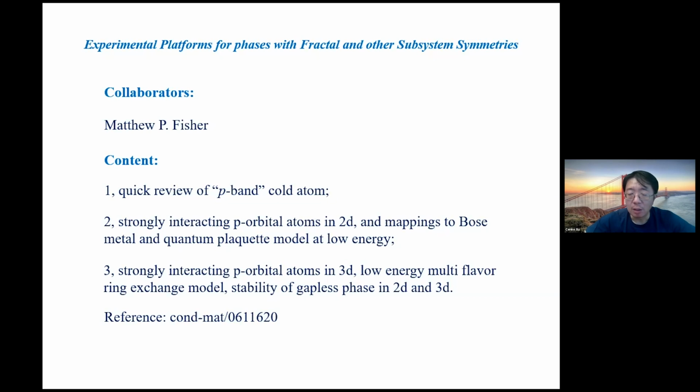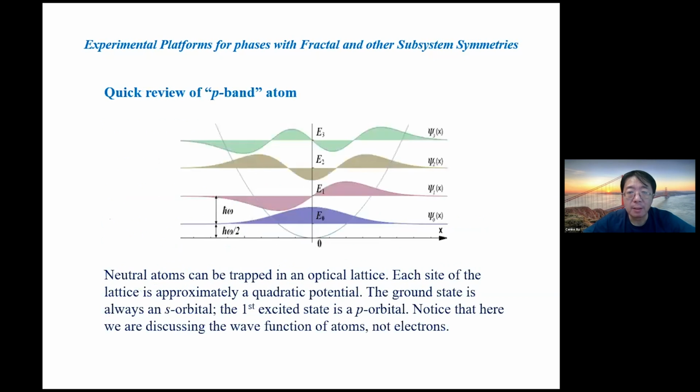So what is a p-band atom? In cold atom systems, people can trap the atom in an optical lattice. It's an array of potentials, and every potential is approximately a quadratic potential.